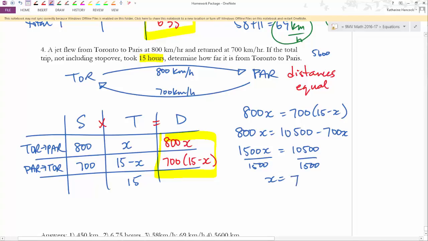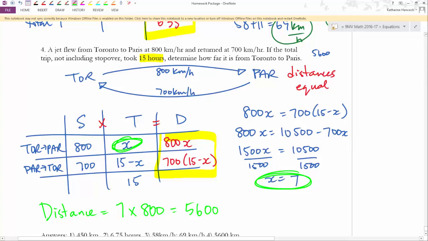So my time from Toronto to Paris is 7 hours. That means the distance is going to be 7 times my 800 kilometers per hour, so I'm going to get 5600 kilometers, and that's right. So there we have the solutions to the lesson 7 homework.